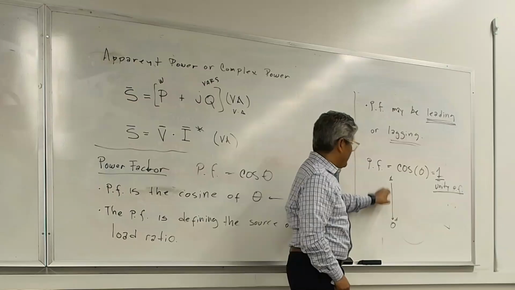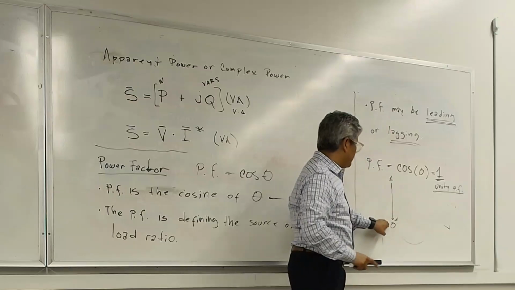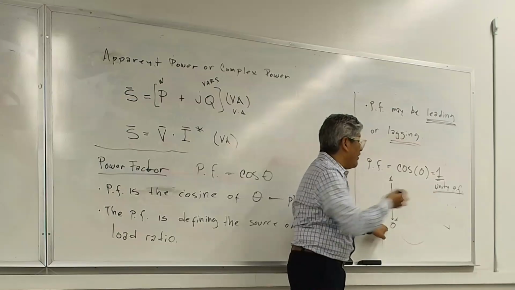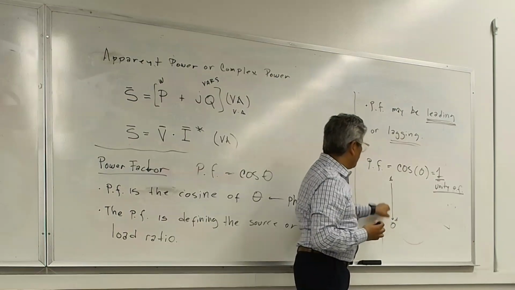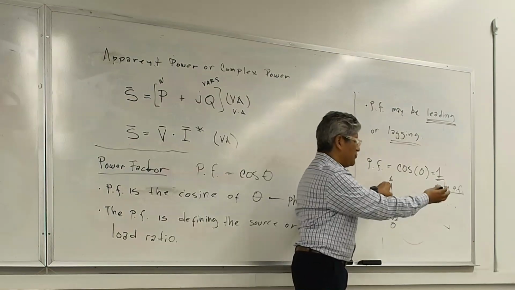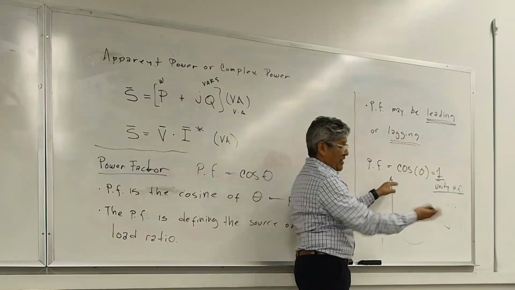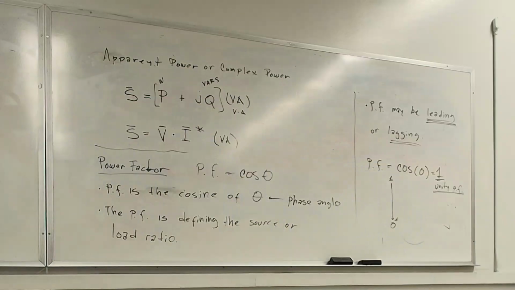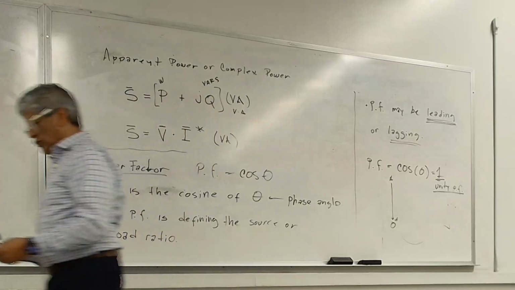The lower the power factor, lagging, not leading, lagging is telling you that that load is consuming more vars than watts. As you get closer to 1, that tells you that the load is consuming, or the source is producing, more real power than reactive power. So that's what the power factor does for you. It gives you some sense of what is going on with your load or your source.